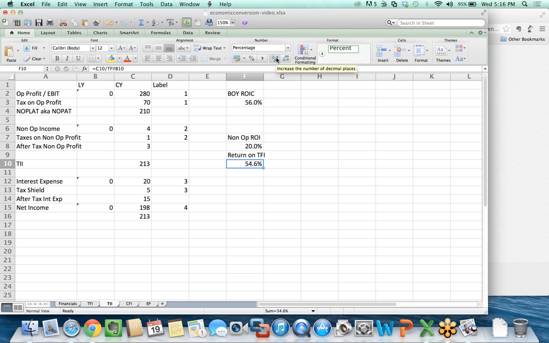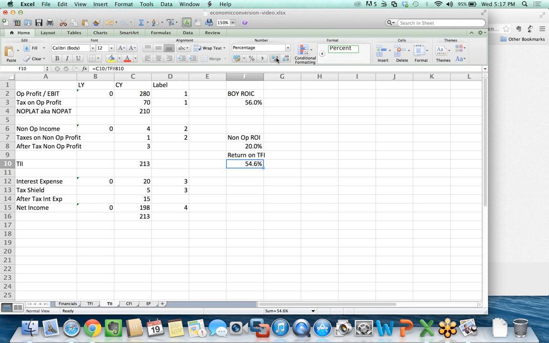So here's the thing. Now this example has relatively small amounts of non-operating items, but the thing is that Bloomberg, when we look at ROIC in Bloomberg, as you just did for your analysis on Starbucks, what you actually did was looked at what we would call a return on TFI.